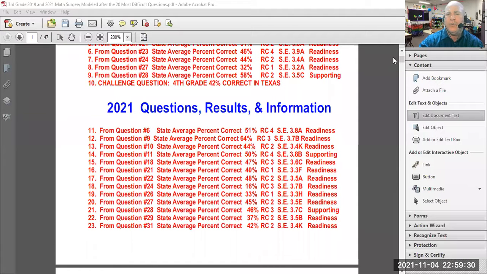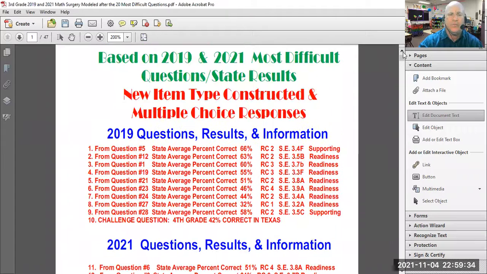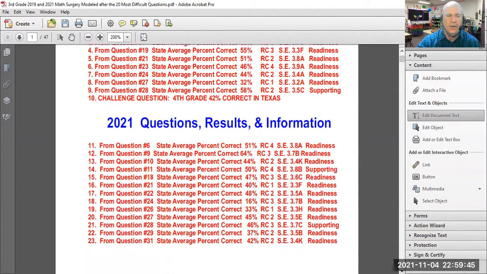This is the 3rd grade. What I've done is for both the last 2 testing years, I looked at the 10 most difficult questions from 2019 and the 13 most difficult 3rd grade questions from 2021.